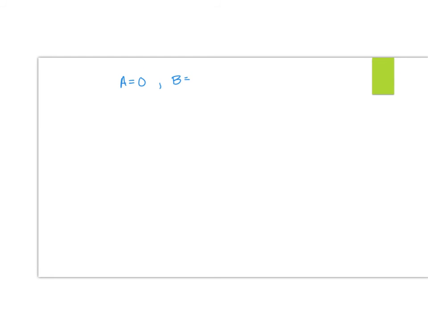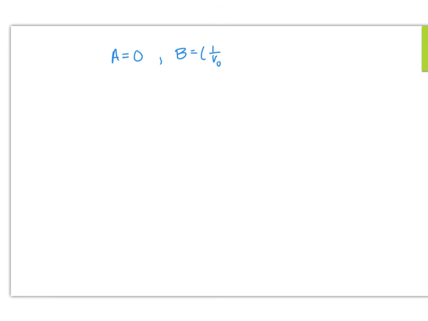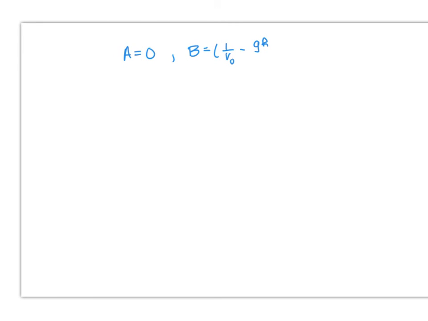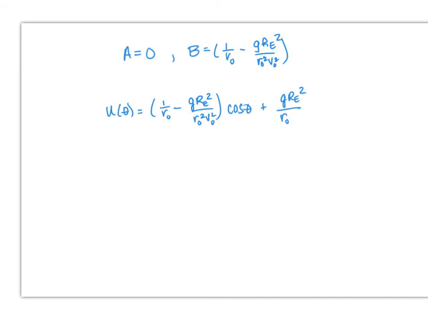If you use those initial conditions, we find A is 0, and B can be written as 1 over r naught, and so u of theta we can write as... and that doesn't look all that impressive, but we have one last trick up our sleeve.